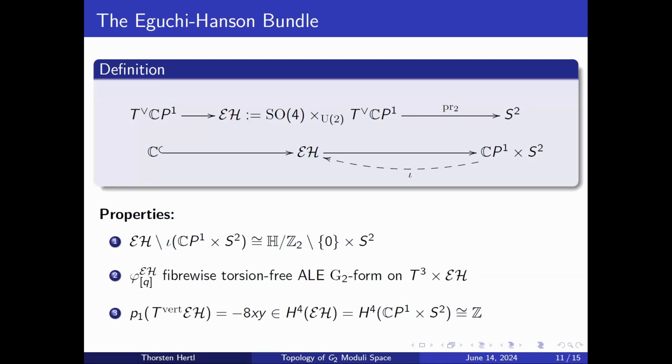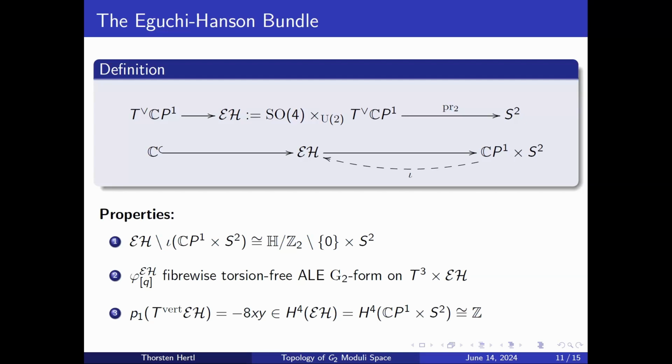We can reinterpret this bundle basically as a complex vector bundle over CP1 times S2. So CP1 is the zero section inside this cotangent bundle, and S2 is the base parameter. And we also get a complex vector bundle over it, which allows us to write down a canonical embedding from CP1 times S2 into this Eguchi-Hanson bundle, by just taking the zero section.